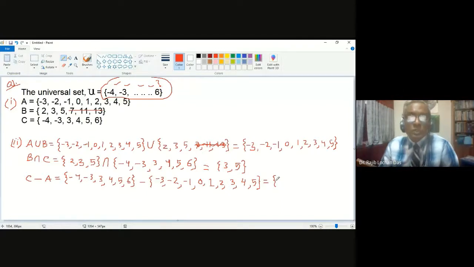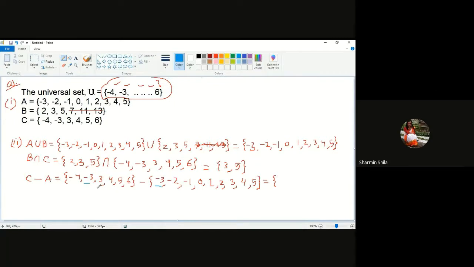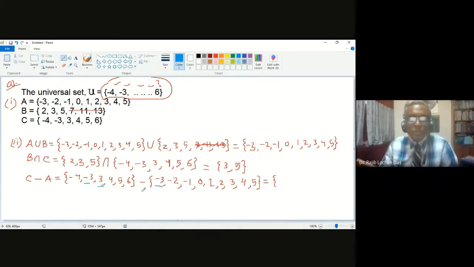So you will not write the common elements. -3 is common, and -4 is also common? No, sir. So what else? -4 or 6, answer. Yes. 3 is common, 4 is common, and 5 is common.